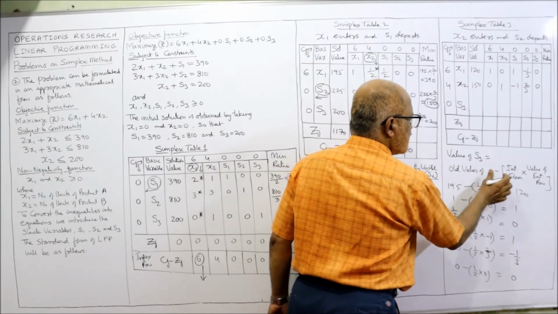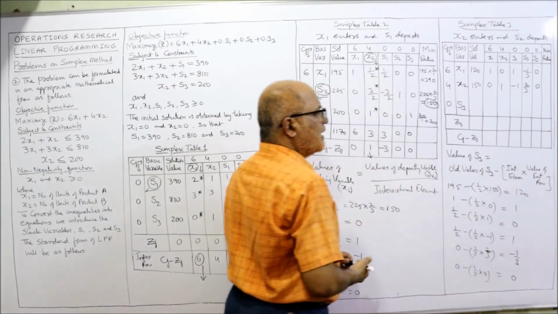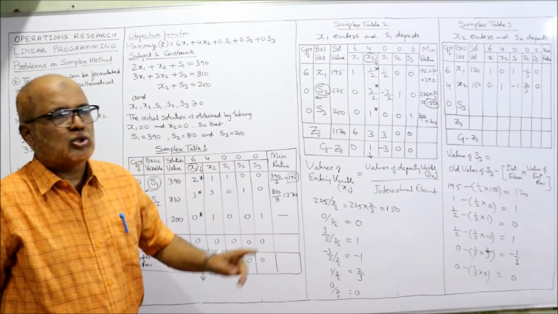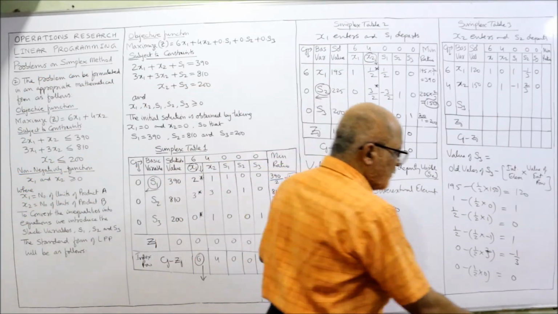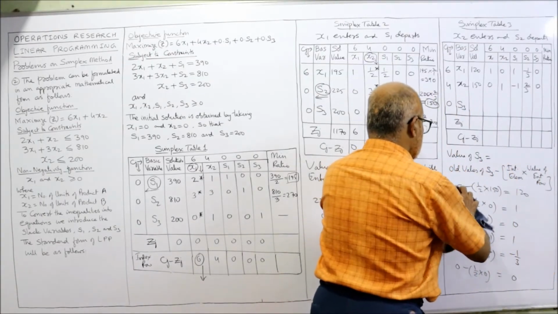Old values of S3 minus intersectional element into values of the entering row. So old values, again we have to make the calculations.